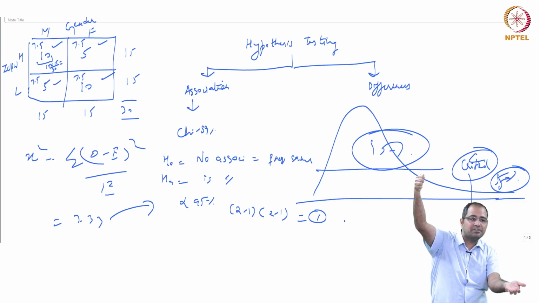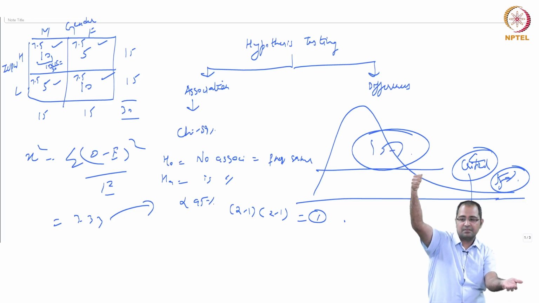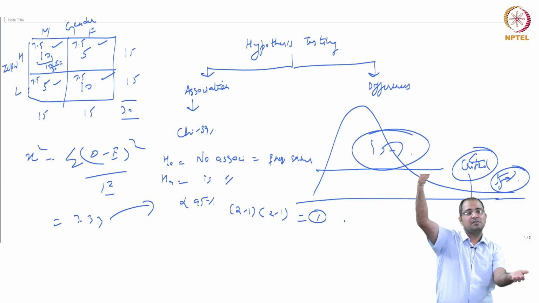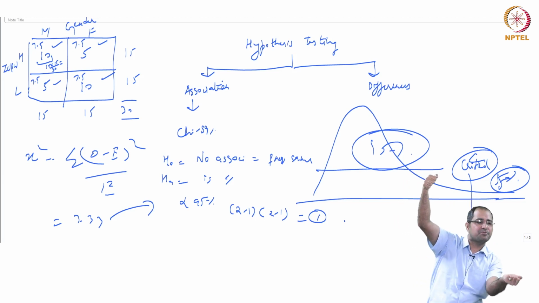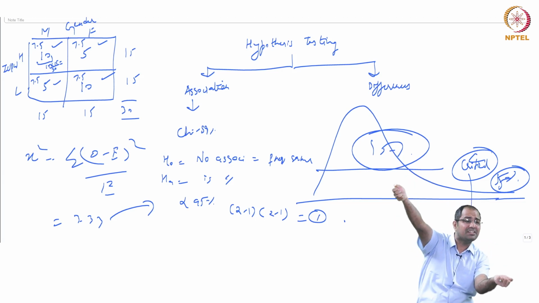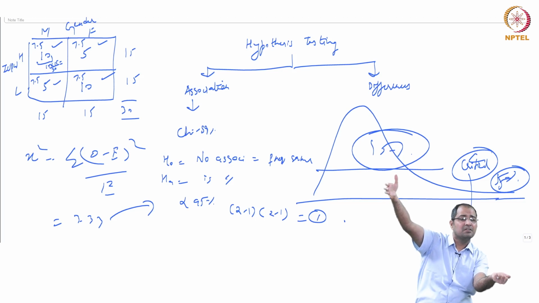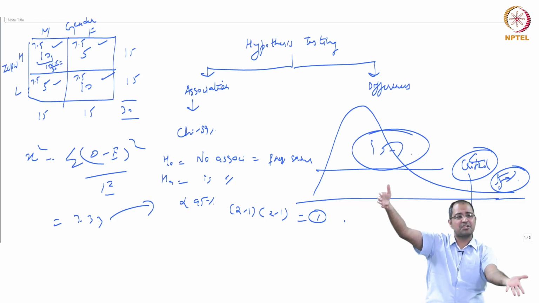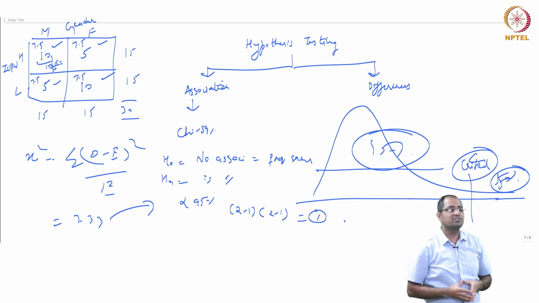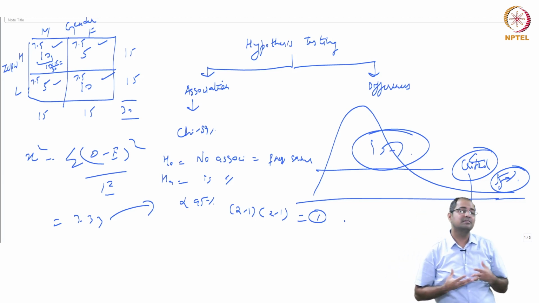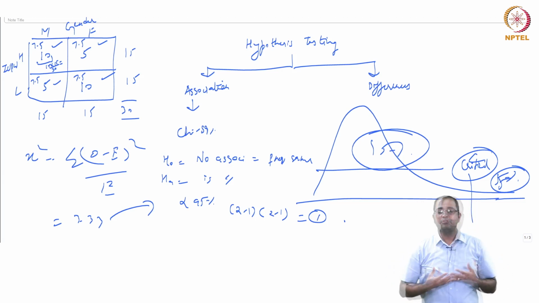If that happens, you conclude that your initial assumption was wrong, because in this sample there is a huge difference, which means you should not accept H naught, the null hypothesis. Reject the null hypothesis.